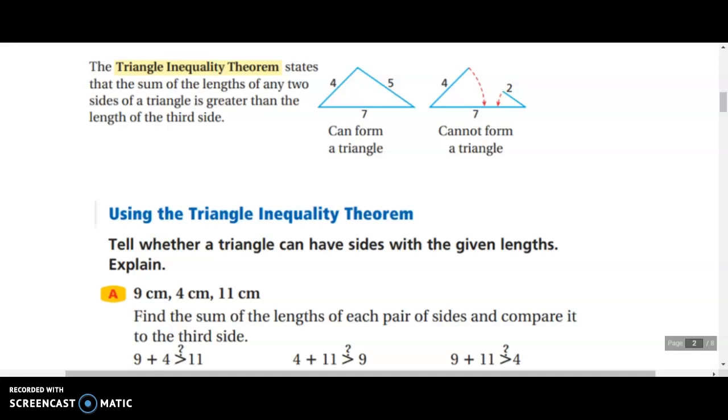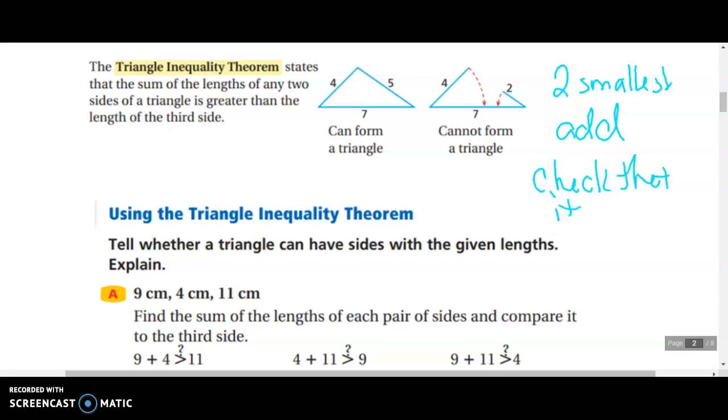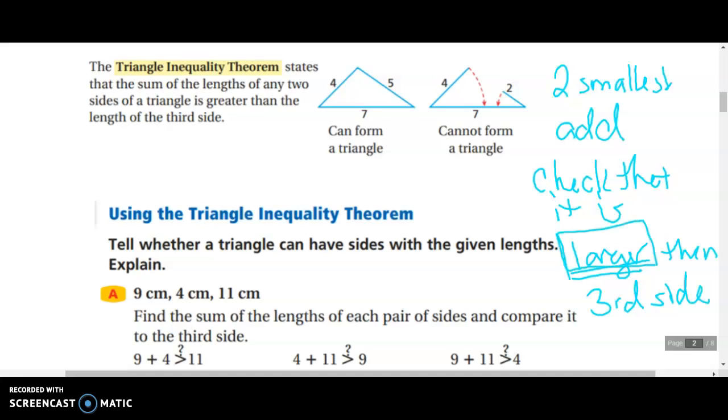Really all we care about is to take the two smallest sides and add them and check that it is larger than the third side, or the largest side. Okay? Now, key here is larger. All right? It cannot be equal to. Even if it's equal to, it doesn't work.